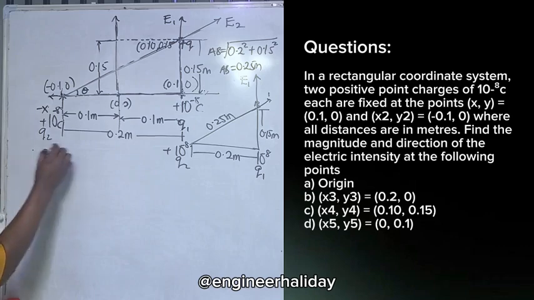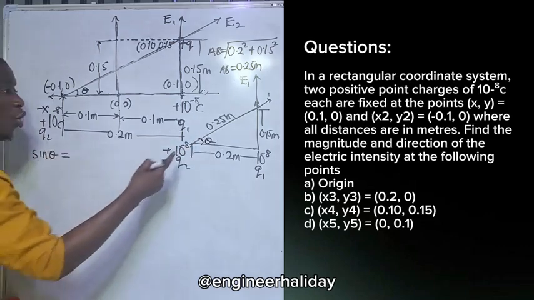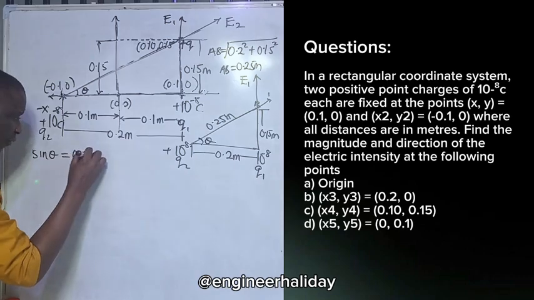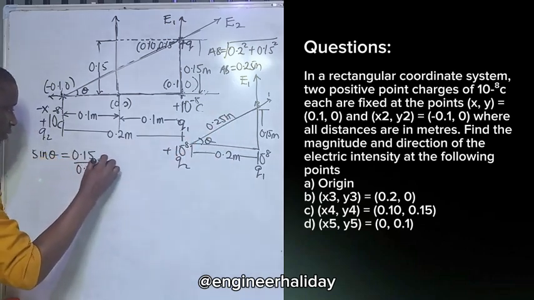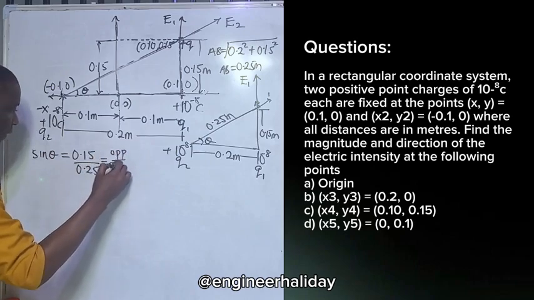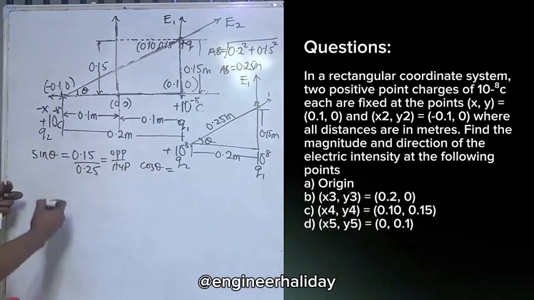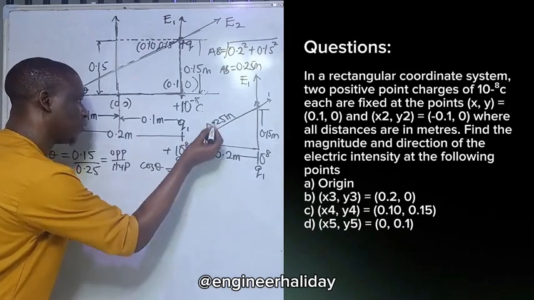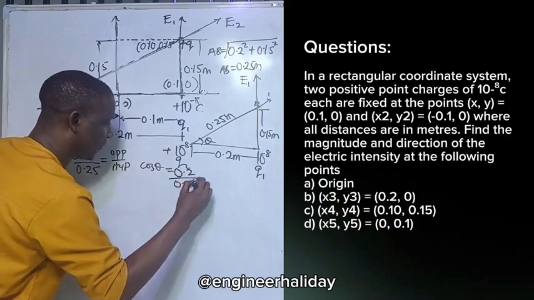Now, for us to find this angle, you can say sine theta is equal to opposite over hypotenuse, which is 0.15 over hypotenuse 0.25. That is opposite over hypotenuse. Then cos theta is equal to adjacent over hypotenuse, which is 0.2 divided by 0.25.